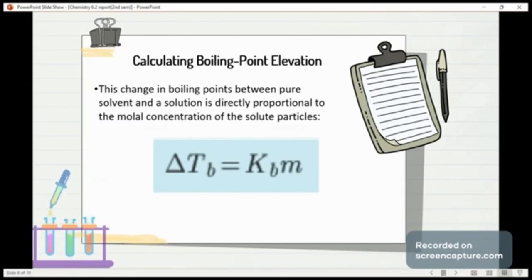This change in boiling point between a pure solvent and a solution is directly proportional to the molar concentration of the solute particles. We are going to use this equation later so we can learn how to calculate the boiling point elevation.